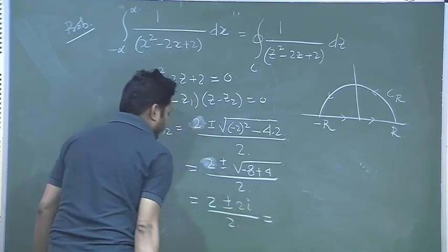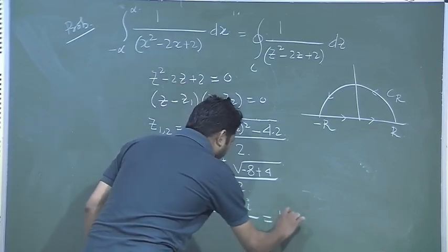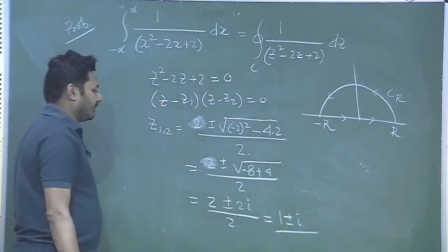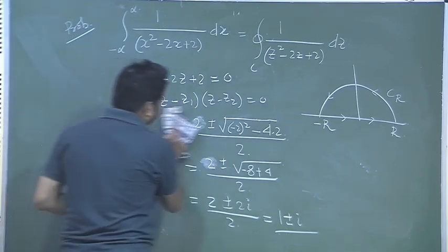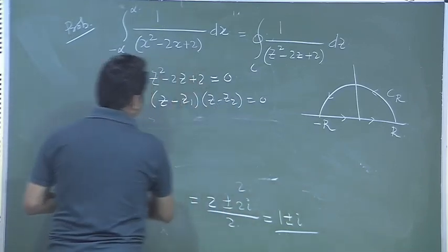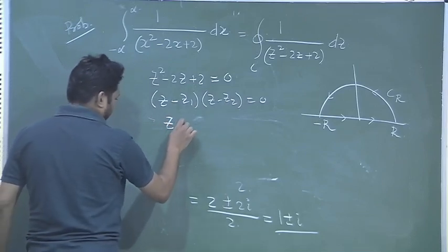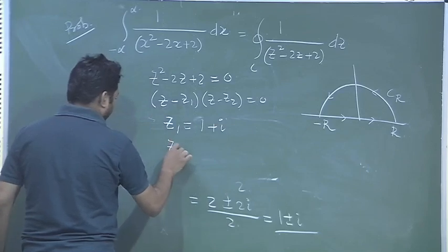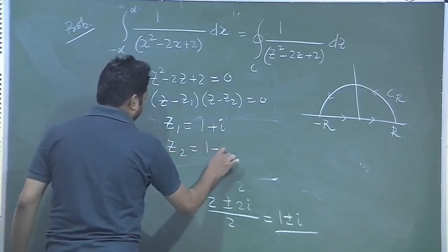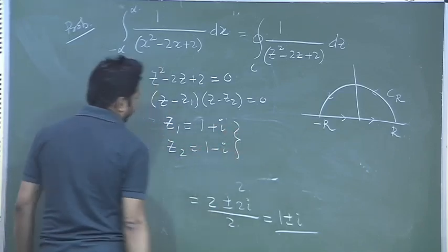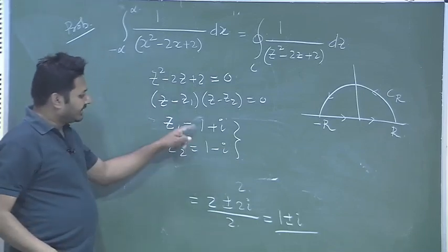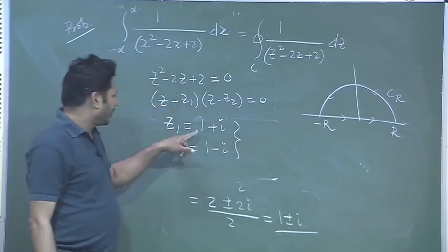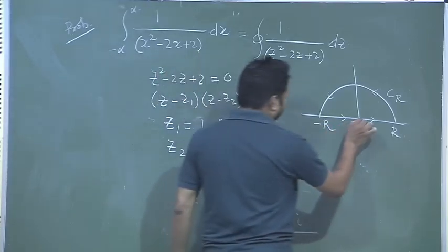So I will have 1 plus minus i, that is all. My z1 is 1 plus i and my z2 is 1 minus i, these two. Now I check where the z1 and z2 points are in this particular case. 1 plus i is somewhere here.